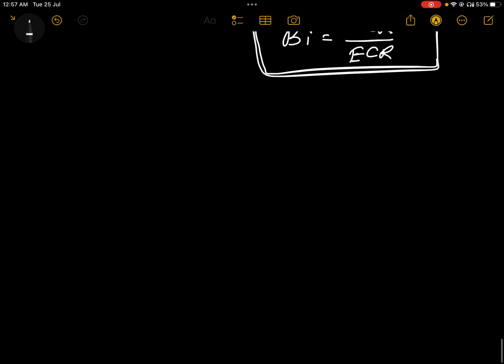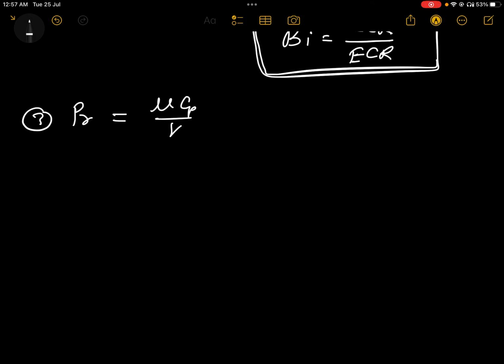Now the next number which we have got from the Buckingham pi theorem is the Prandtl number. What is the Prandtl number? Prandtl number comes out as mu Cp upon k. If we elaborate it more, we can write it as mu upon rho divided by k upon rho Cp, that is, the kinematic viscosity nu divided by the thermal diffusivity alpha.